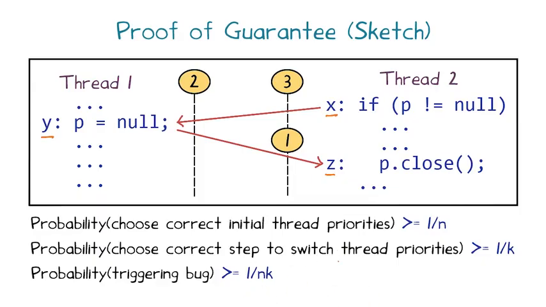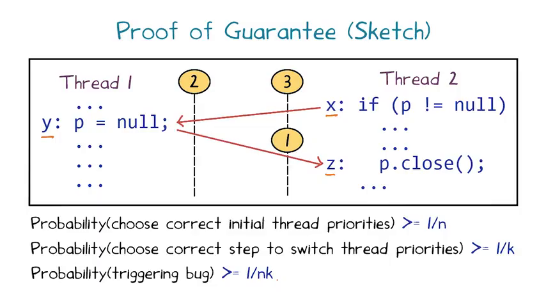Because these random choices were made independently of one another, the overall probability of triggering a bug is therefore 1 over n times 1 over k, which is 1 over n times k. Intuitively, for a bug of depth d, thread priorities are changed d-1 times. That is, Cuz needs to pick d-1 statements in the program.